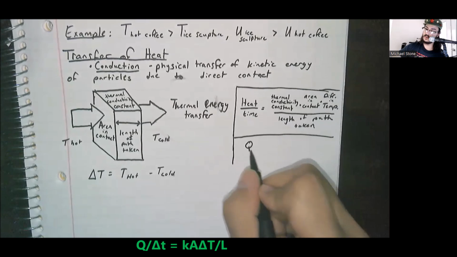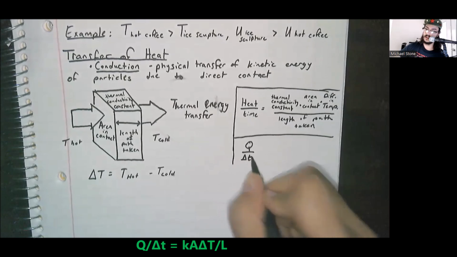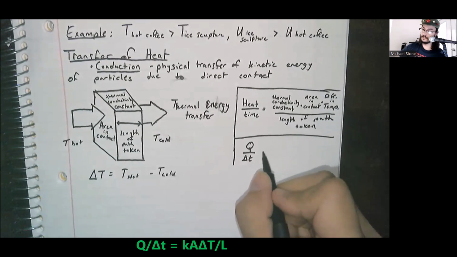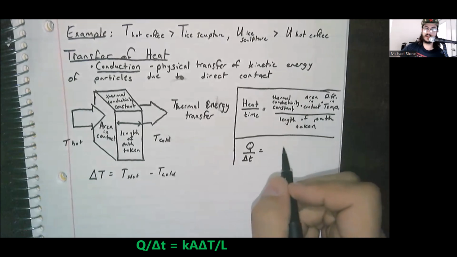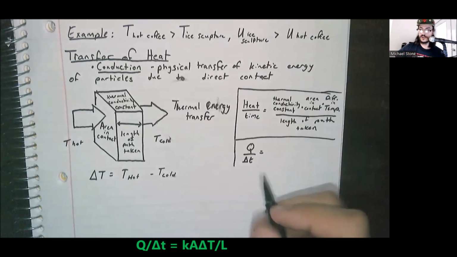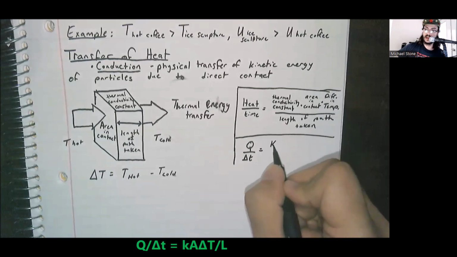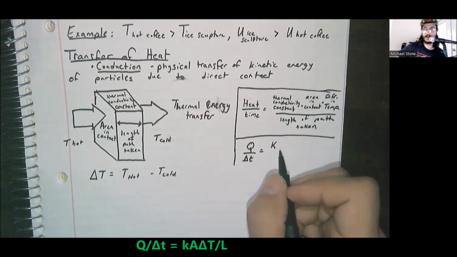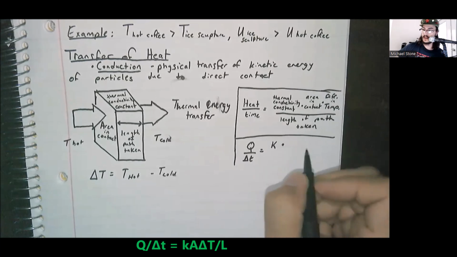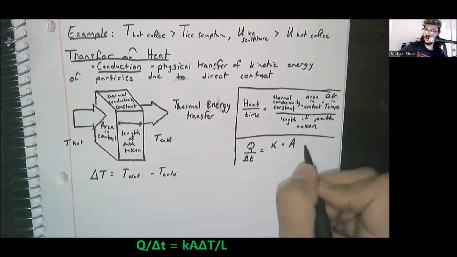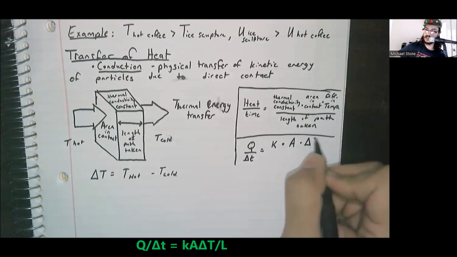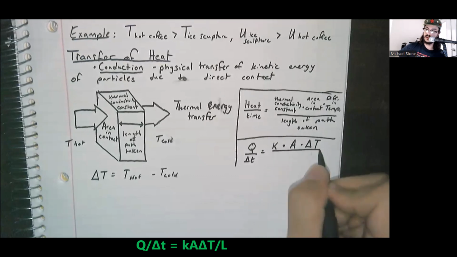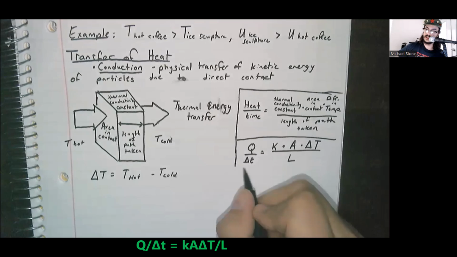heat is Q, time interval, lowercase t. Thermal conductivity constant, constants of proportionality usually get the letter K, or if you're doing the classic thing, you would use kappa, but we're going to use K. Capital A for area, delta T for difference in temperature, divided by length of path taken.